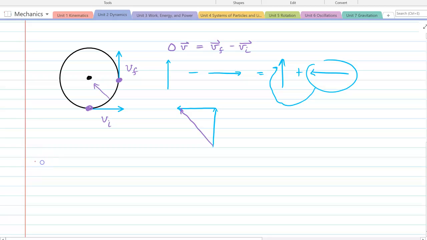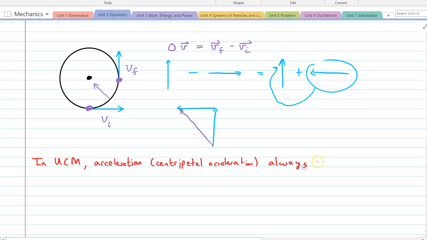So in UCM, acceleration, which we actually give a specific name, known as centripetal acceleration, always points to the center.